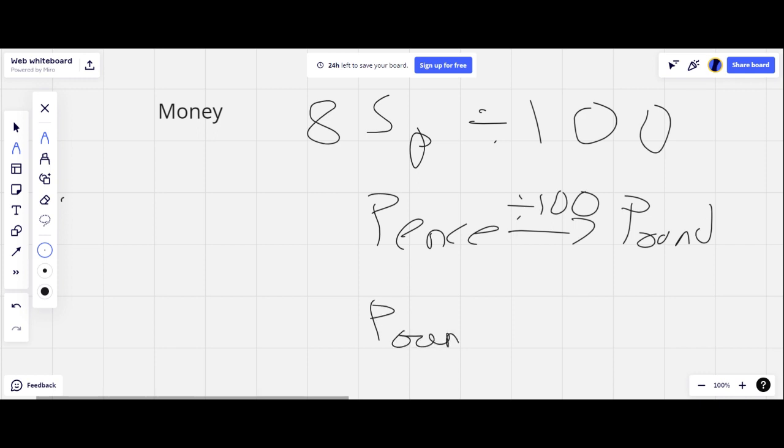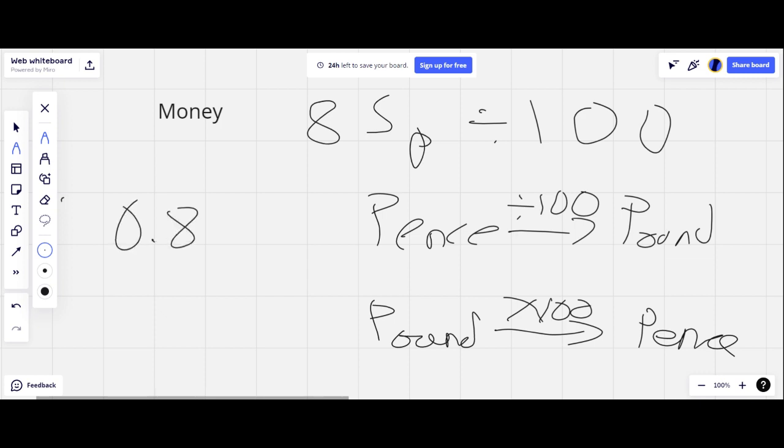Pound to pence would be the inverse, which is times by 100. So 85p divided by 100. So two jumps to the right. So that'll be 0.85.